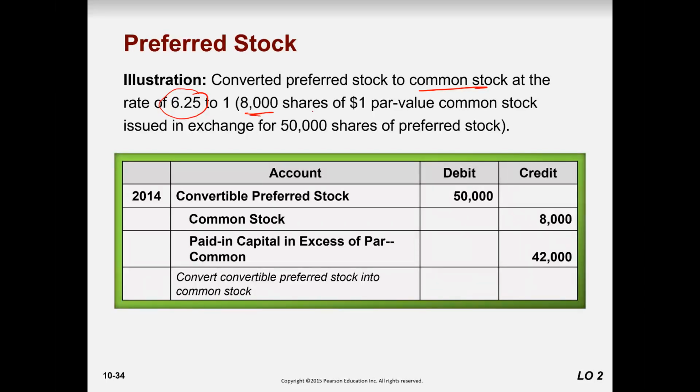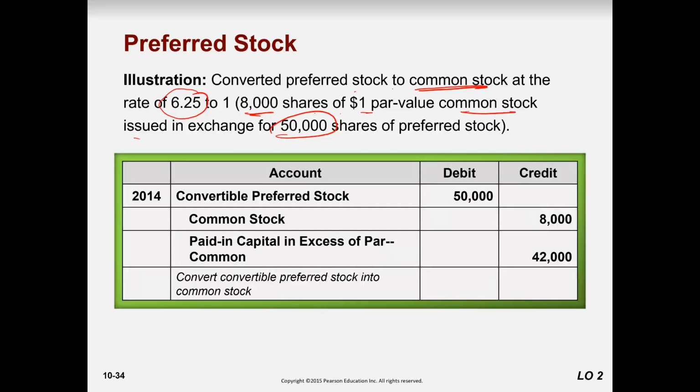So which means 8,000 shares of one par value common stock issued in exchange of 50,000 shares of preferred stock. All right. So okay, I think we made a mistake here.